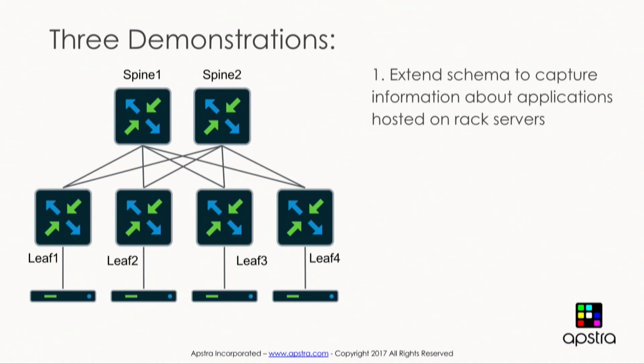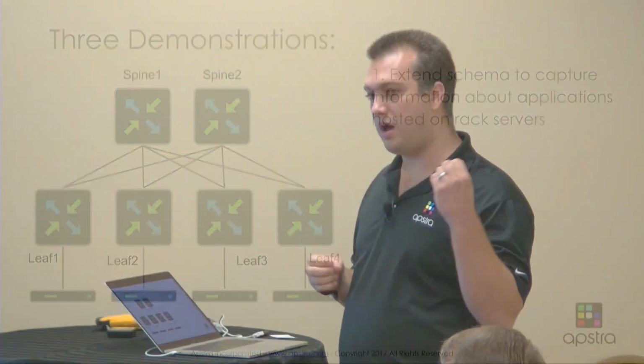Here, we're going to insert that information manually, but it's really a matter of making the hook between two systems to make that information live. So we'll show you how to insert that in the graph, extend the graph, use new information, and most importantly, we'll show you how to query the graph based on that new information. That will be the first one.